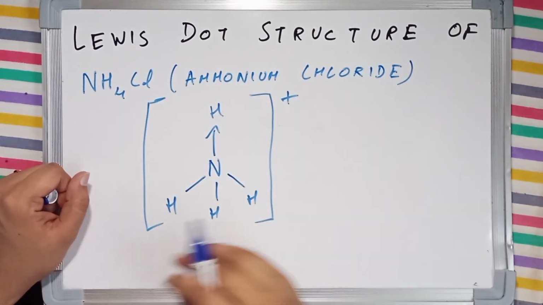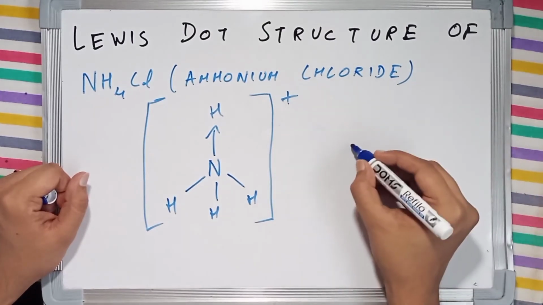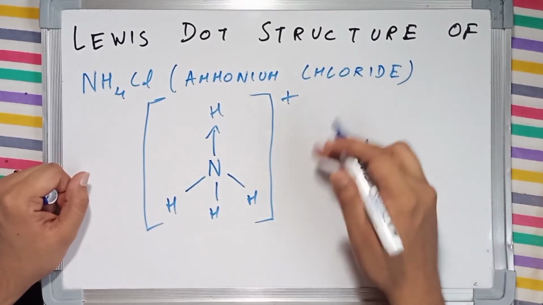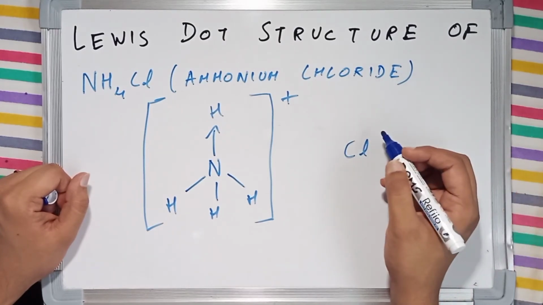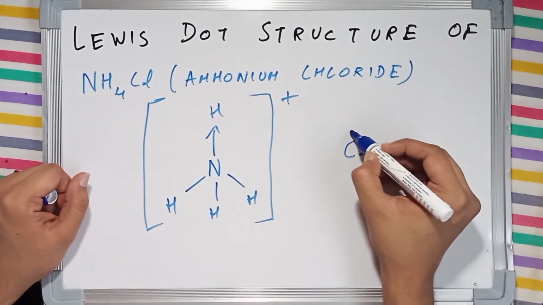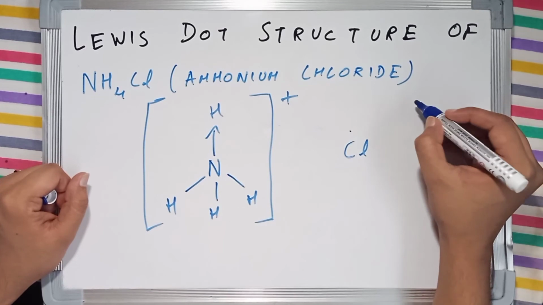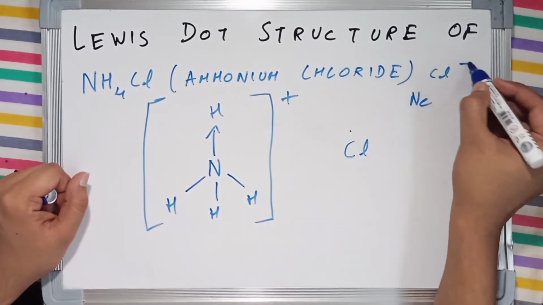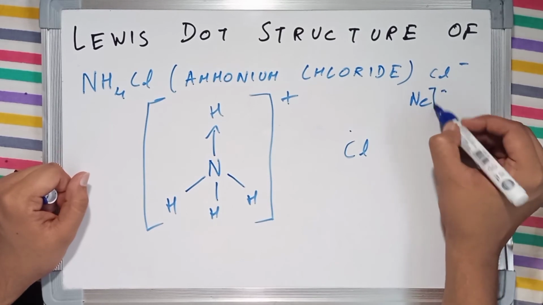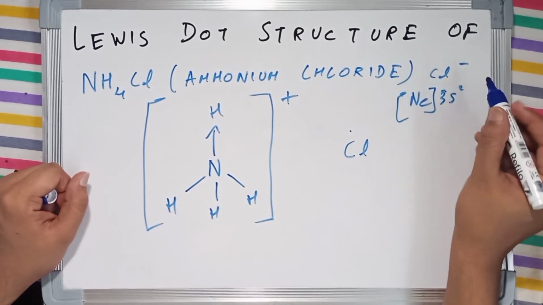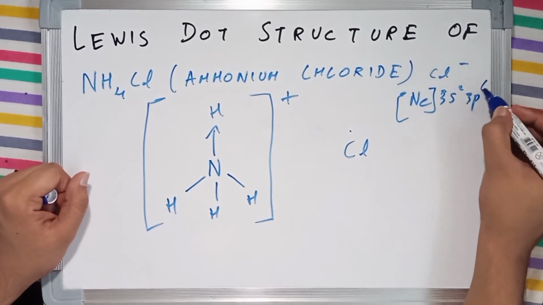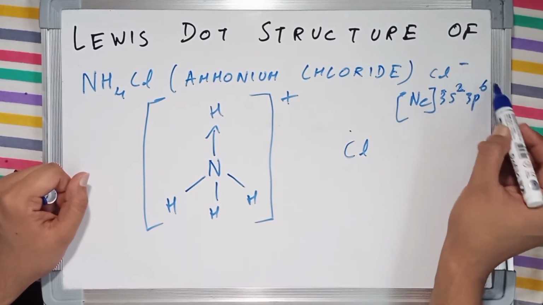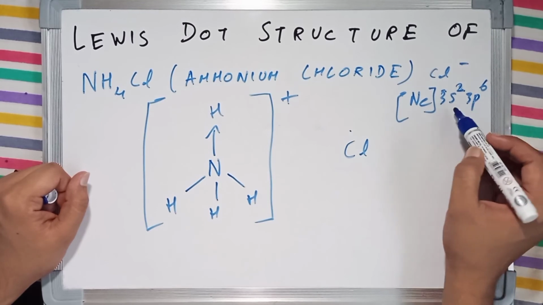an ammonium ion. Now the chloride ion, we can draw the Lewis electrons, or the outer electrons for Cl-, which can be written as this. I told you the electronic configuration of Cl-, remember that it was neon and then 3s2 3p6. So it has got 8 electrons in its valence shell.